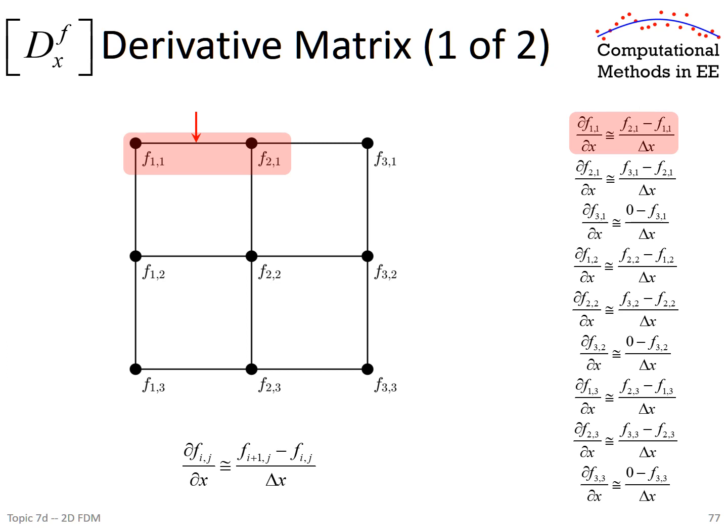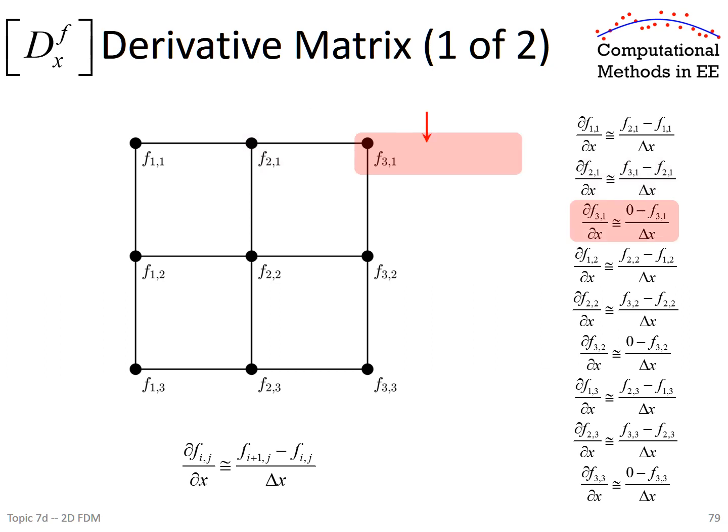Let's move on to the next point. Here we're writing the finite difference equation associated with F21, but it reaches out to F31, so our finite difference is F31 minus F21, which calculates the derivative at the midpoint between those two functions. So what happens next?